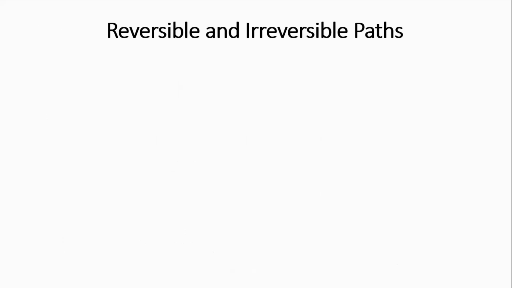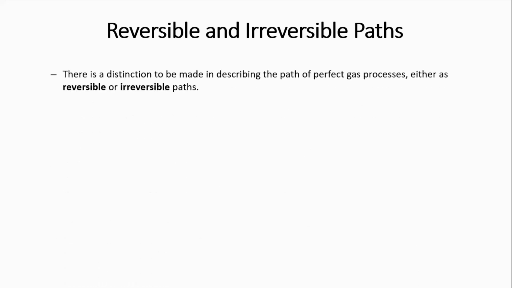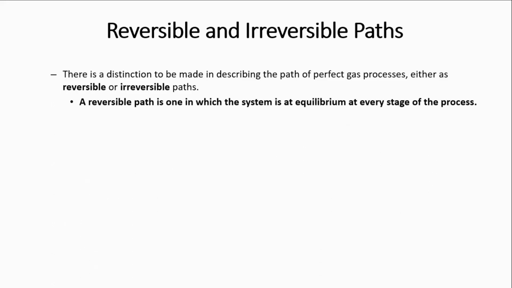What about reversible and irreversible systems? We want to talk about reversible versus irreversible pathways, or reversible versus irreversible systems. Now, there's a distinction to be made in describing the path or pathways of perfect gas processes, either as reversible or irreversible pathways. Now, a reversible path is one in which a system is at equilibrium at every stage of the process. Right? That is a reversible path.